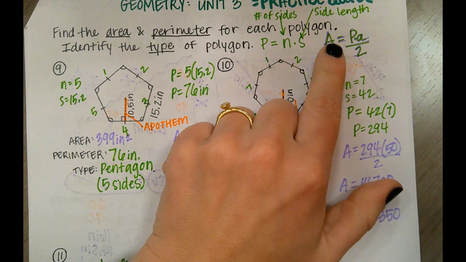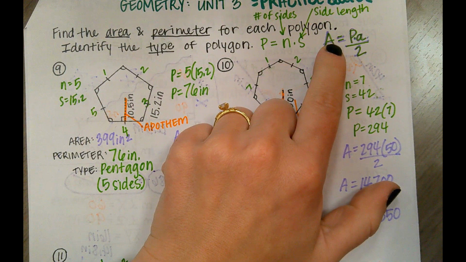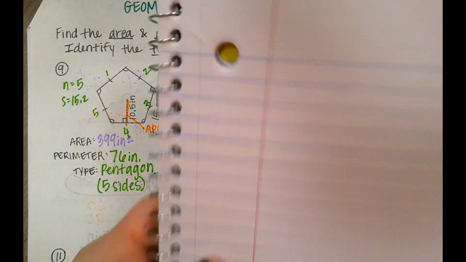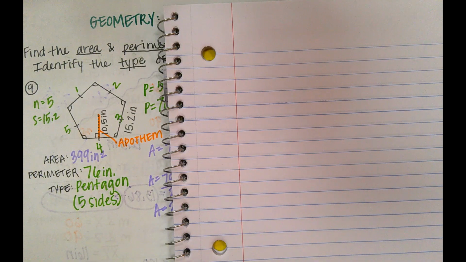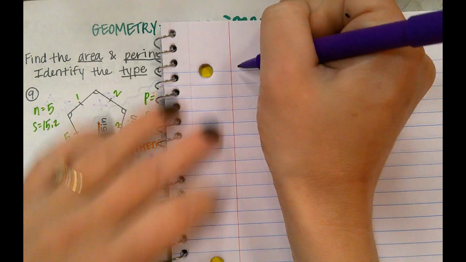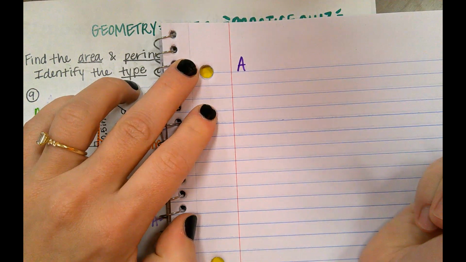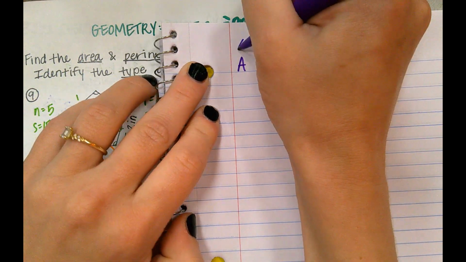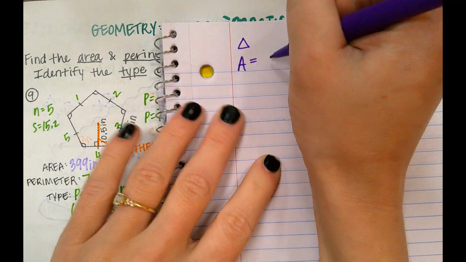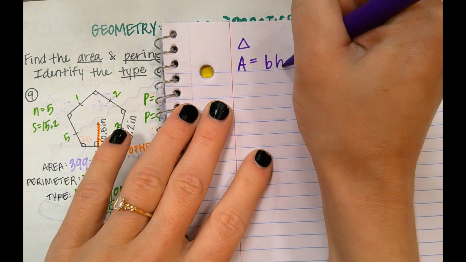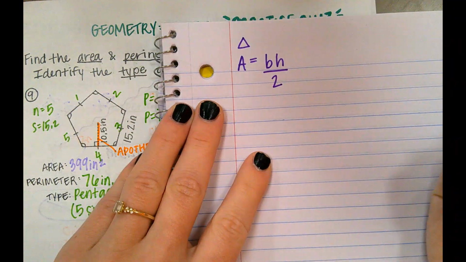So I want to show you why this area formula works. Let's keep in mind that the area of a triangle is base times height divided by 2.